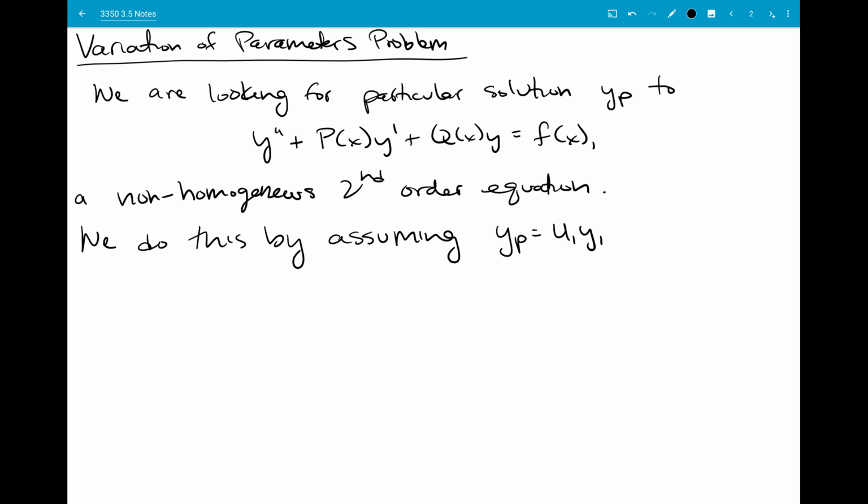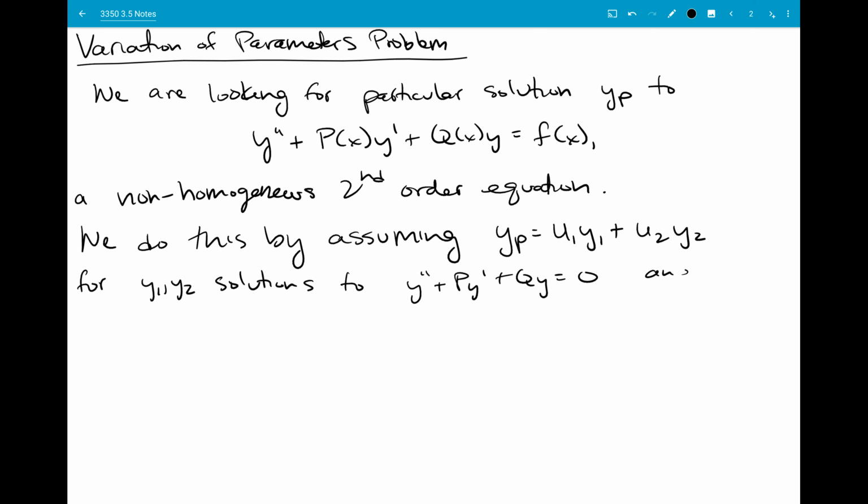We're going to say it's u1 y1 plus u2 y2, for y1, y2 solutions to y double prime plus p y prime plus q y equal to 0, and u1, u2 unknown functions of x. And so the big takeaway here is that's the shape we think y sub p is.